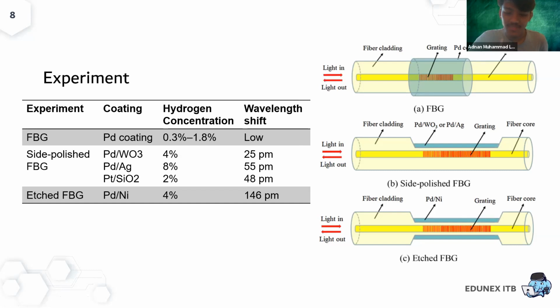But with edge treatment, it means that we can have a more fragile sensor. So if we want to have an optimal sensor, we have to balance between the cladding, the edge, and the material.